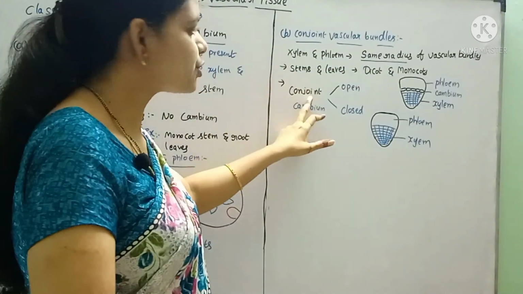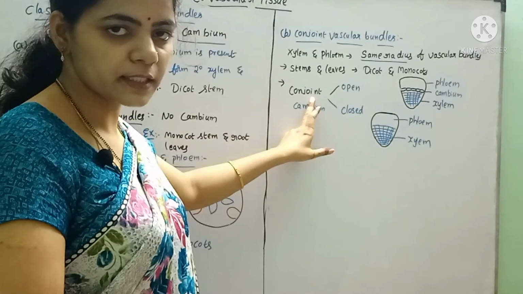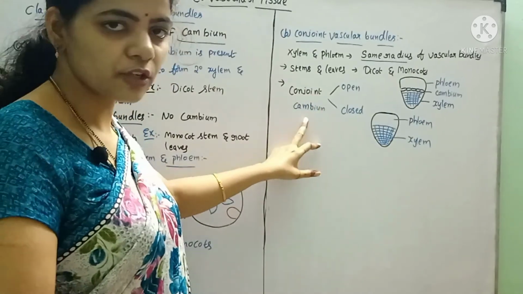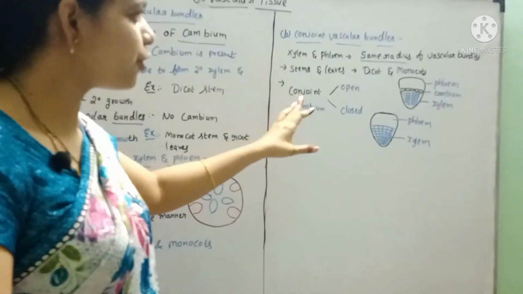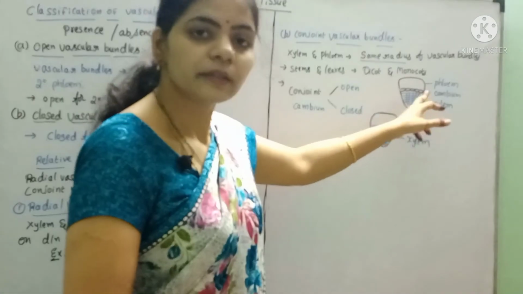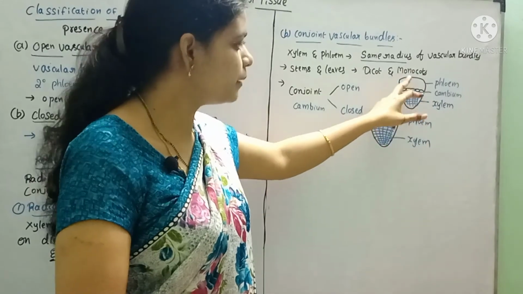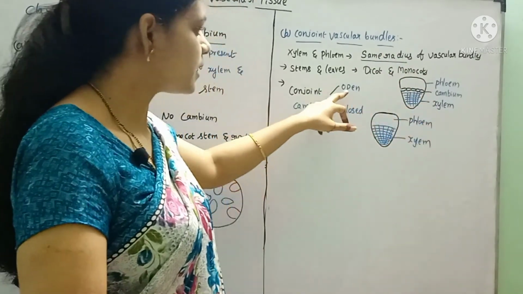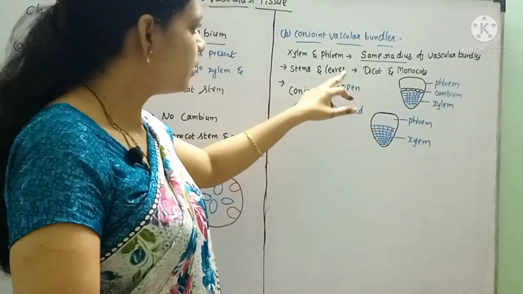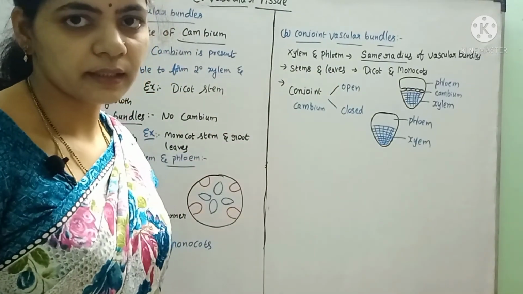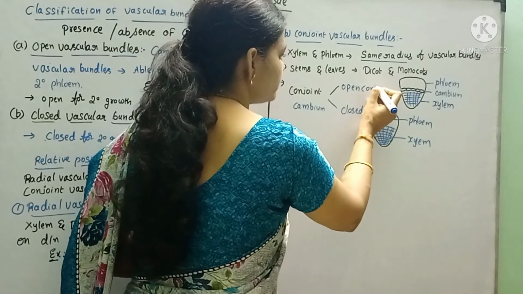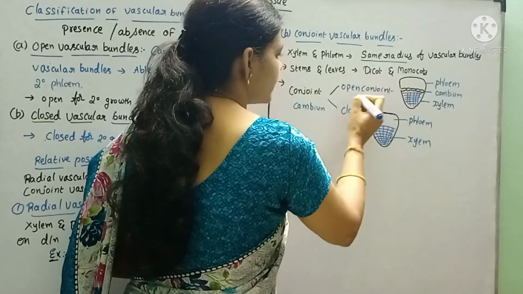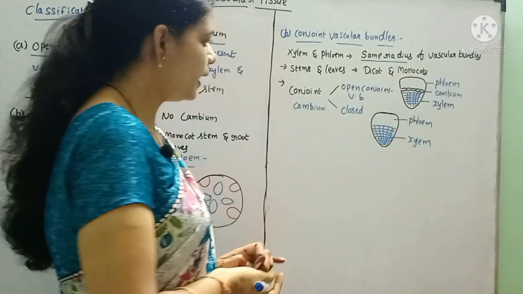And again, these conjoint vascular bundles are classified into two types based on the presence or absence of cambium. If a conjoint vascular bundle has a cambium between the xylem and phloem, that is called an open conjoint vascular bundle.